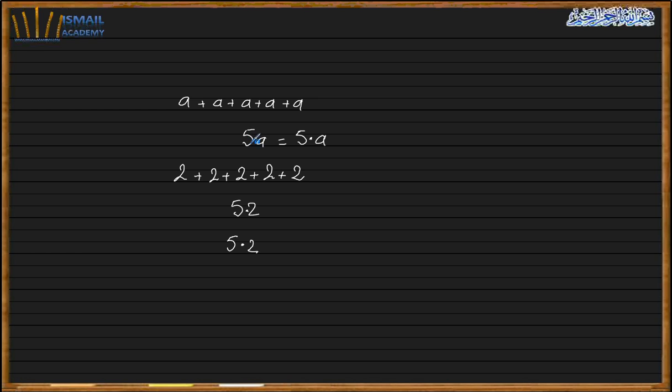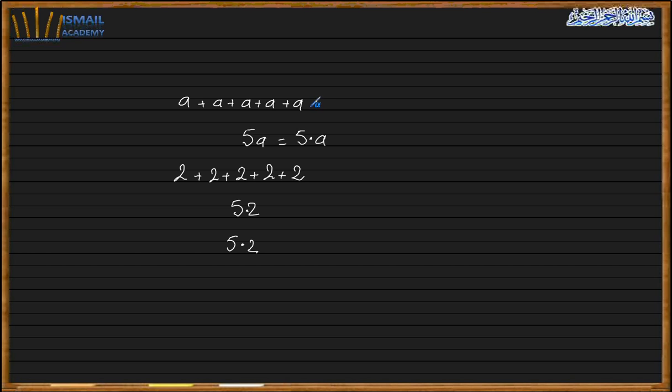But the main idea here is: look, from addition it becomes multiplication. It's a short notation of a long addition. And look here, I can count 1, 2, 3, 4, 5. That means this is 5 of 2, that means 5 twos. This is 5a.